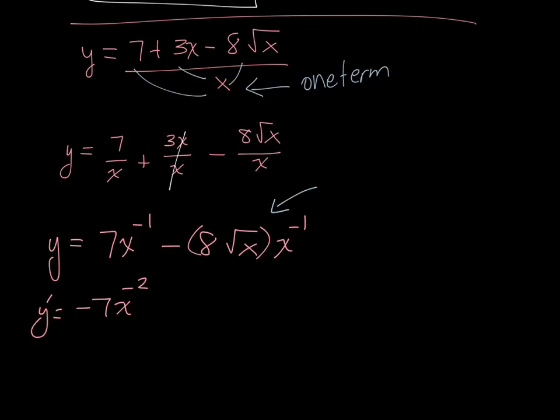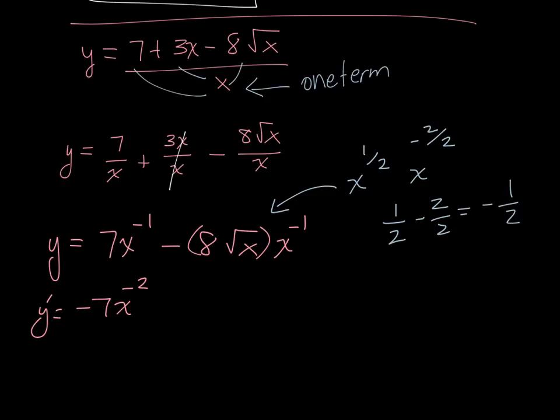I need to clean this up a little bit, so that's x to the 1/2 power times x to the negative 1, which would simply be the same thing, so I'm going to add 1/2 minus 2 over 2 and get negative 1/2.